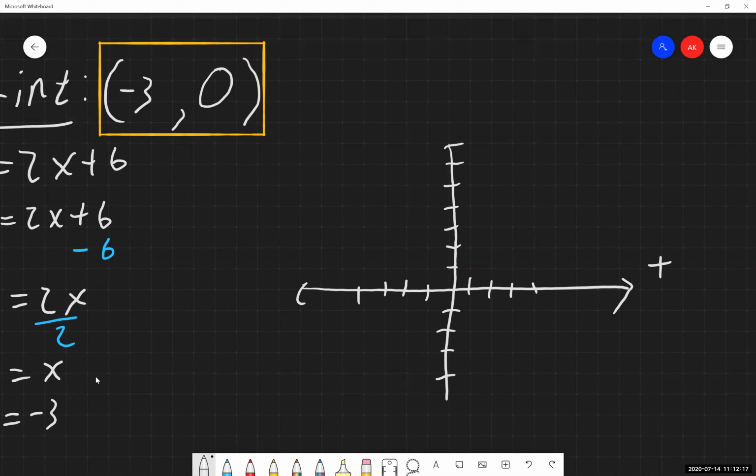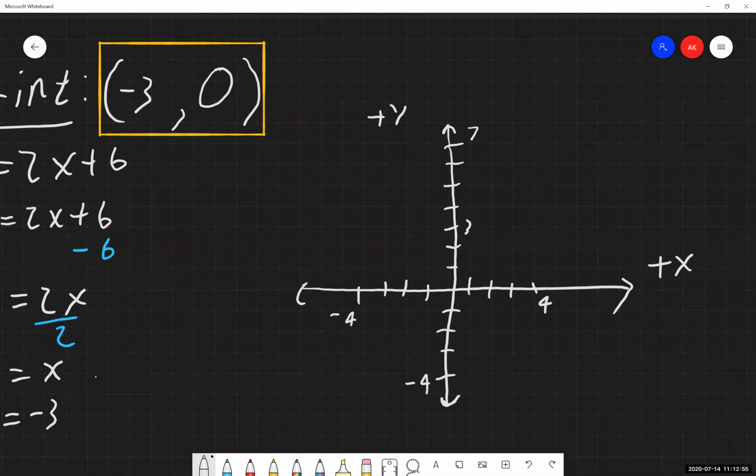I have my positive x direction, my positive y direction. I'm going to scale these things. My x-axis I'm scaling by 1, so 1, 2, 3, 4, and -4. I'm going to scale my y-axis the exact same way. So I'm going up 1, 2, 3, 4, 5, 6, 7. And I'm just going to label another one just so I can keep track of myself. 3, 4.